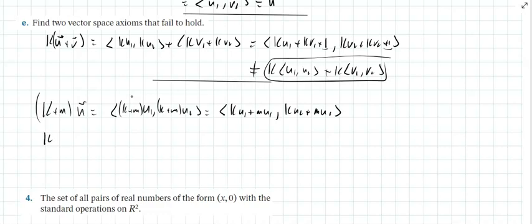And if I take ku plus mu, so this is just the scalar multiplication, nothing more, same here.